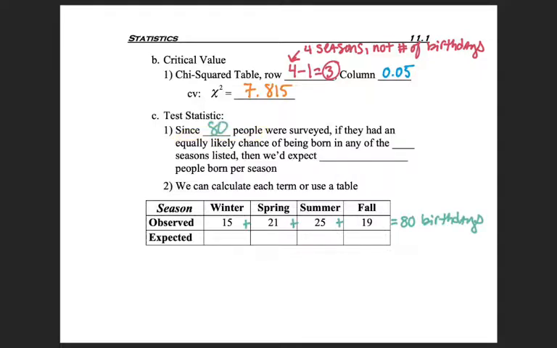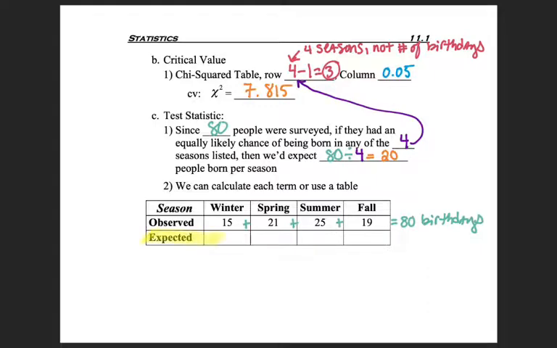So now we can say since 80 people were surveyed, if they had an equally likely chance of being born in any of the how many seasons? Well, we just talked about that up above. Any of the 4 seasons listed, then we would expect that 80 divided by 4 equals 20.